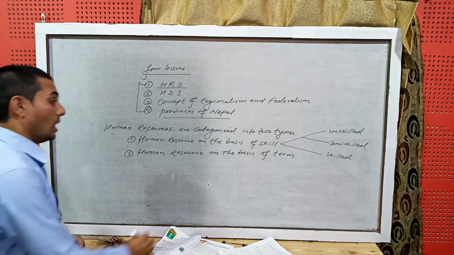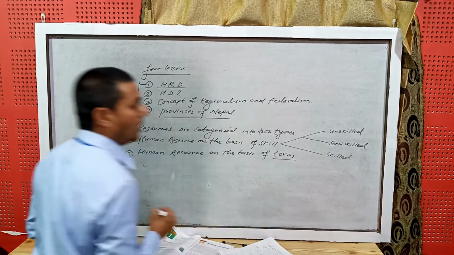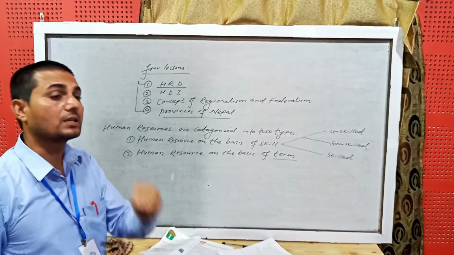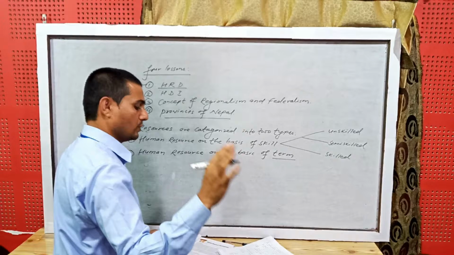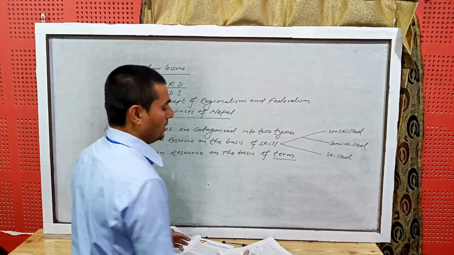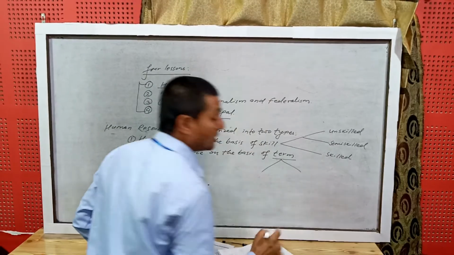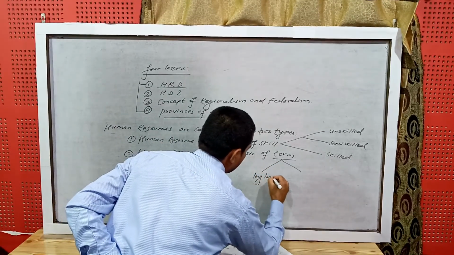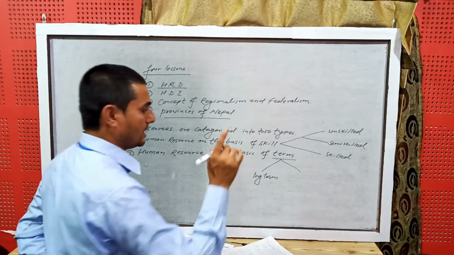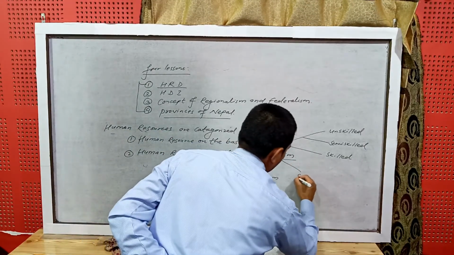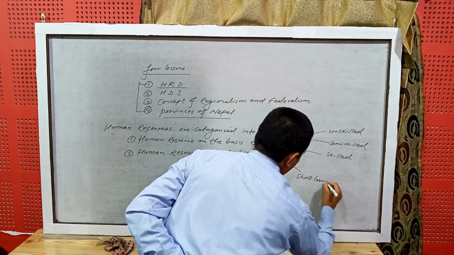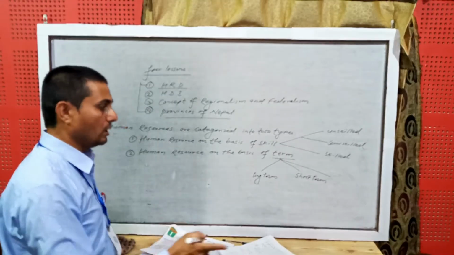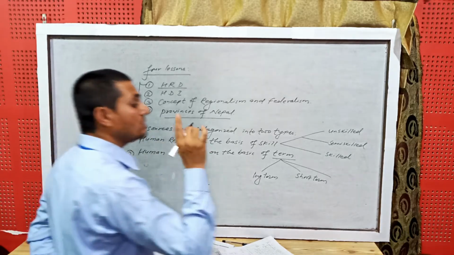Similarly, on the basis of the term, human resource can be categorized into three groups. They are: one, human resource for a longer time, long-term human resource. Second one, short-term human resource.